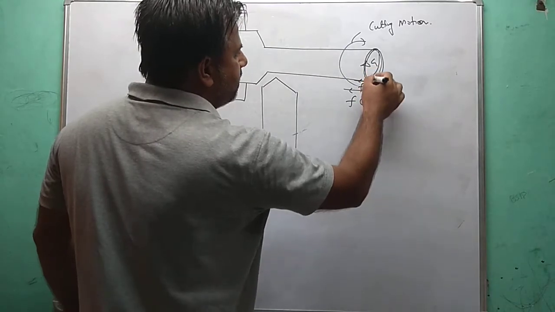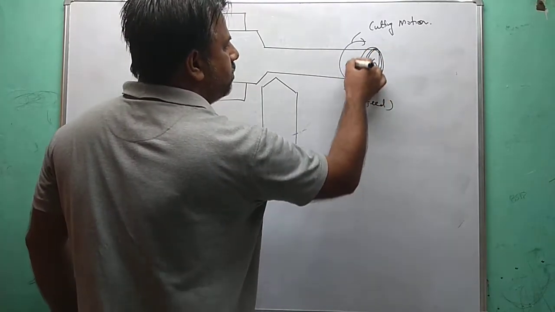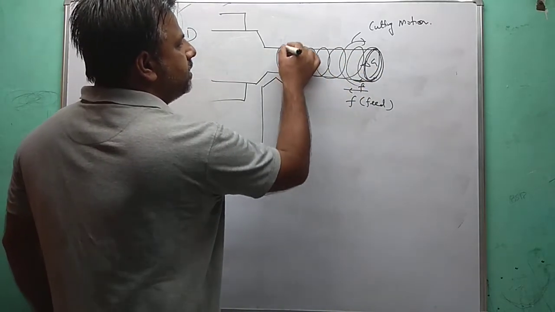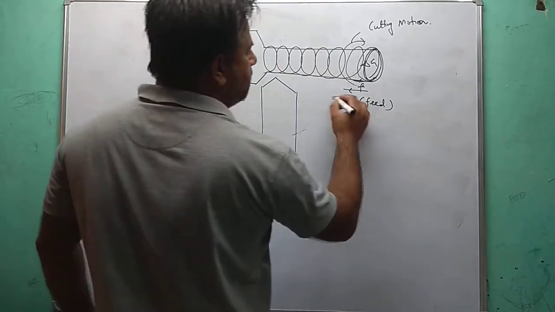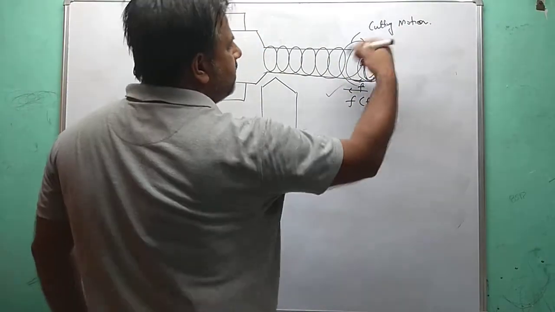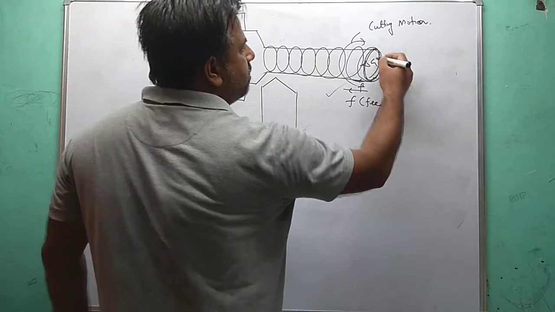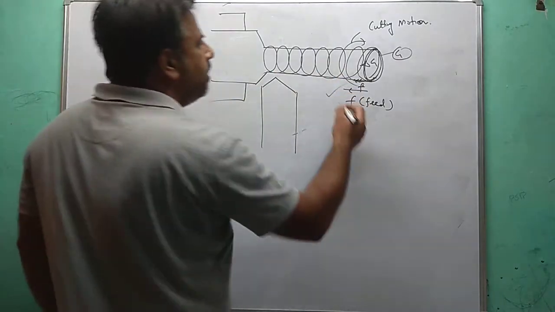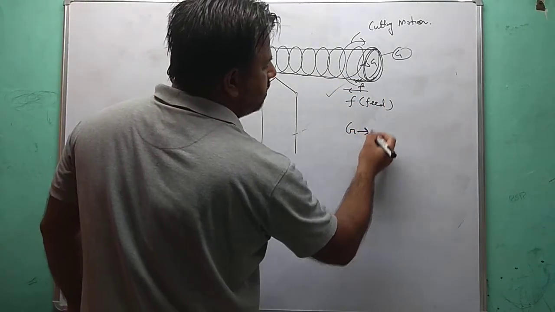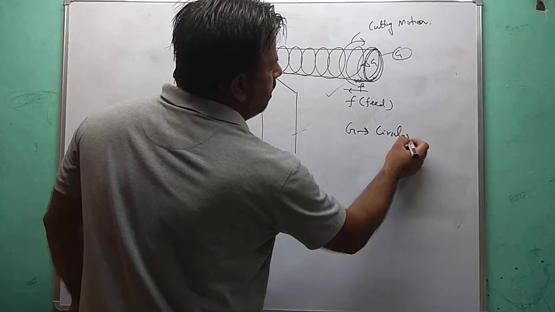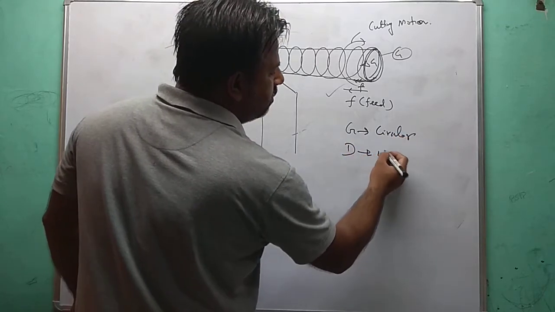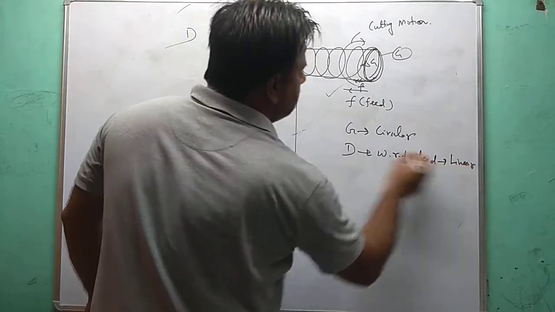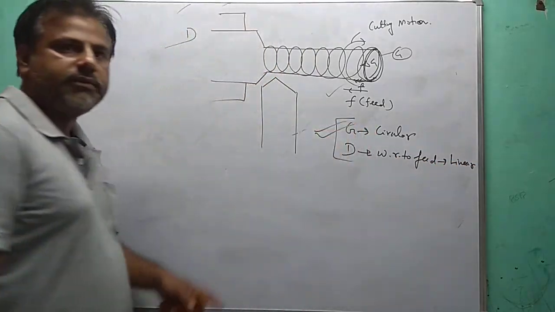The line generated by the cutting motion and feed motion will give you the cylindrical shape. If generatrix is circular and directrix, with respect to feed, is linear, then the cylindrical surface will be produced.